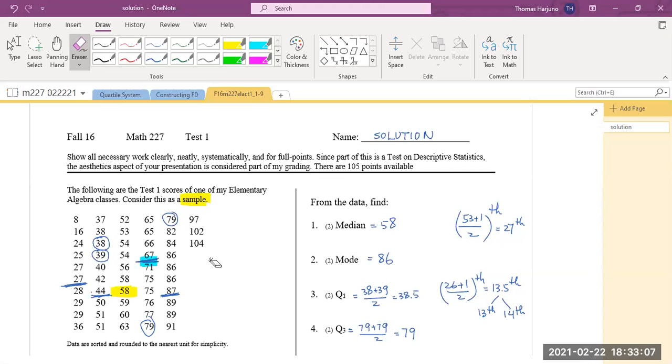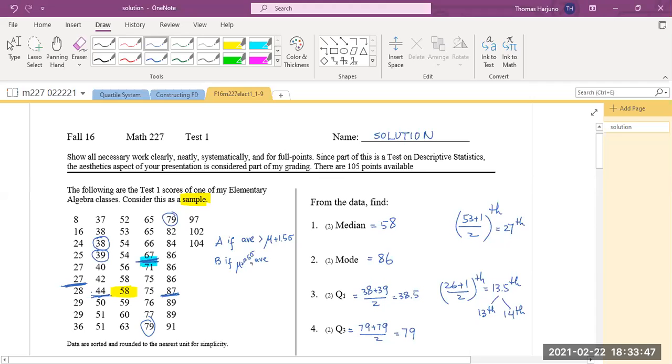Our teacher didn't tell us what score we were supposed to get to get an A. They just said this is how they decide who gets an A. The one who gets an A is if your average is greater than the class mean plus 1.5 standard deviations. You get a B if your average is between the mean plus 0.5 standard deviation and the mean plus 1.5 standard deviations.